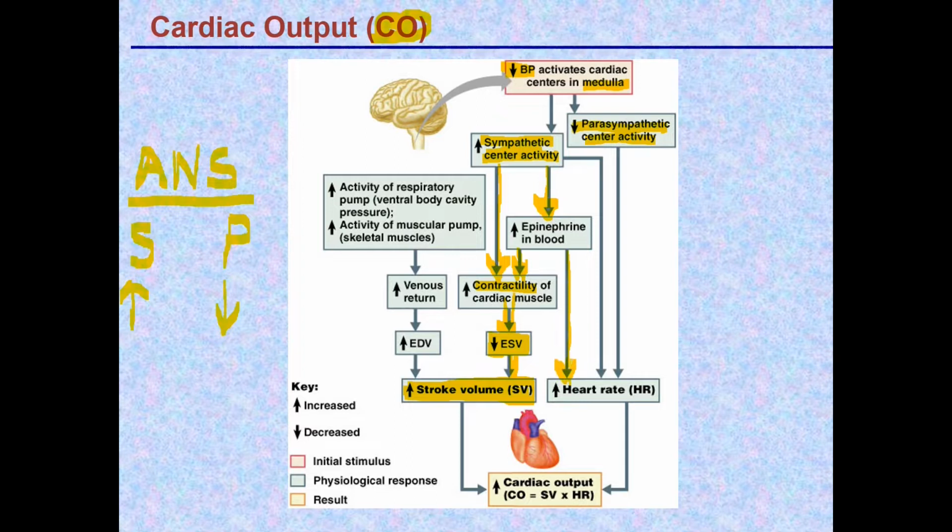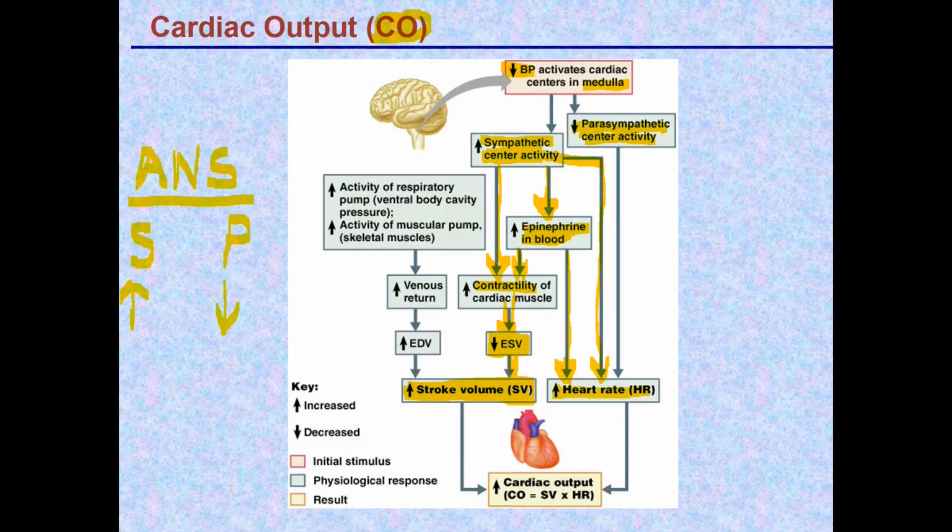Adrenaline or epinephrine will cause you to have a faster heart rate. Now, that epinephrine in the blood comes from the adrenal glands, but increased sympathetic activity also directly will cause heart rate to go up. And so you have an increase in heart rate.